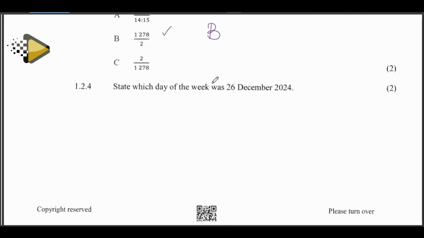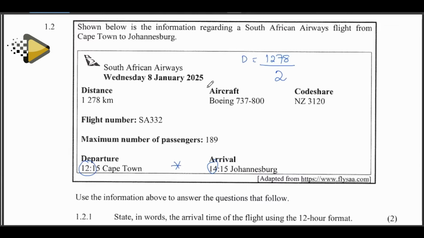State which day of the week was 26th December. Now, when you look at the date here nicely, it talks of 8th January being the Wednesday. That means also last Wednesday it was 1st January. Okay, so we start from there: Wednesday, Thursday, Friday, Saturday, Sunday, Monday, and what? Tuesday.